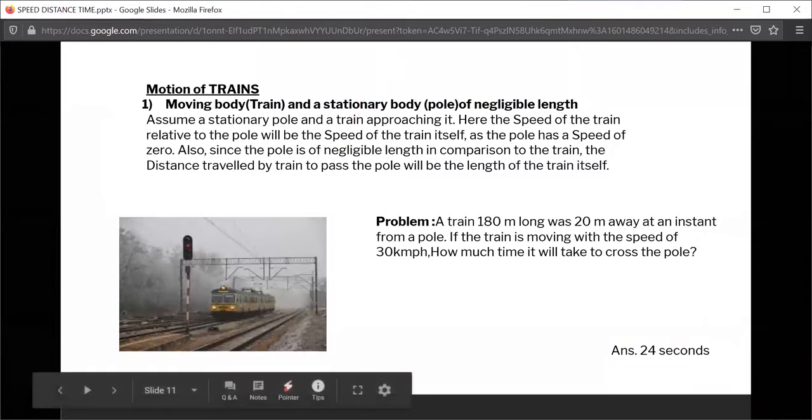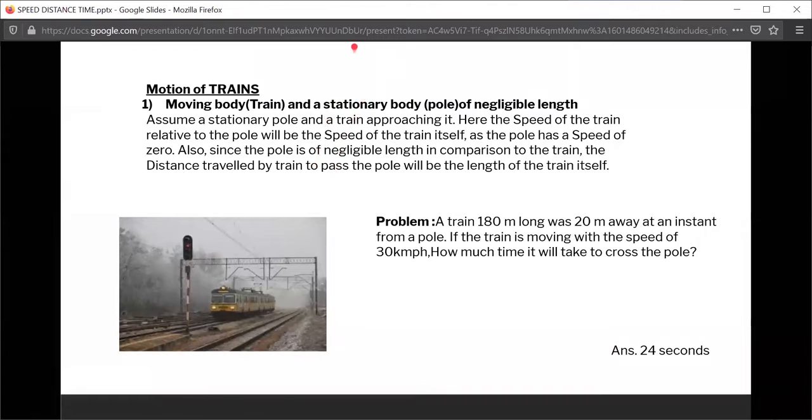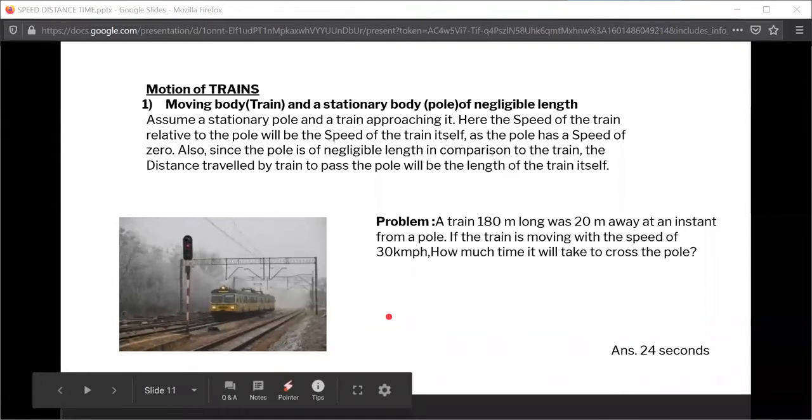Motion of trains. There are some interesting questions you will find in motion of trains. Okay, so let's see the motion of trains.